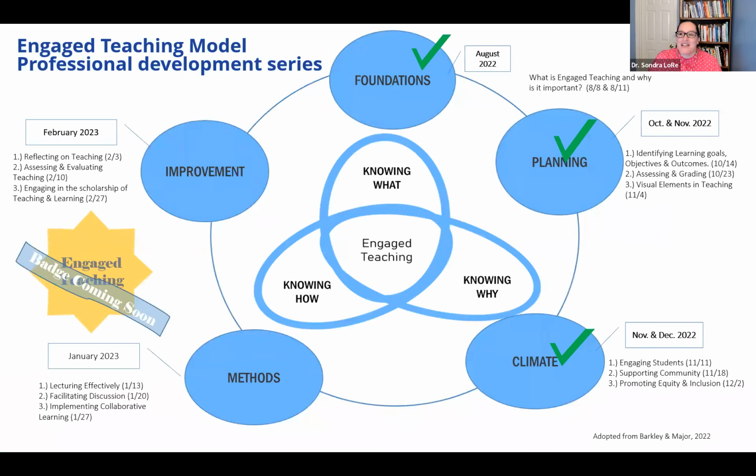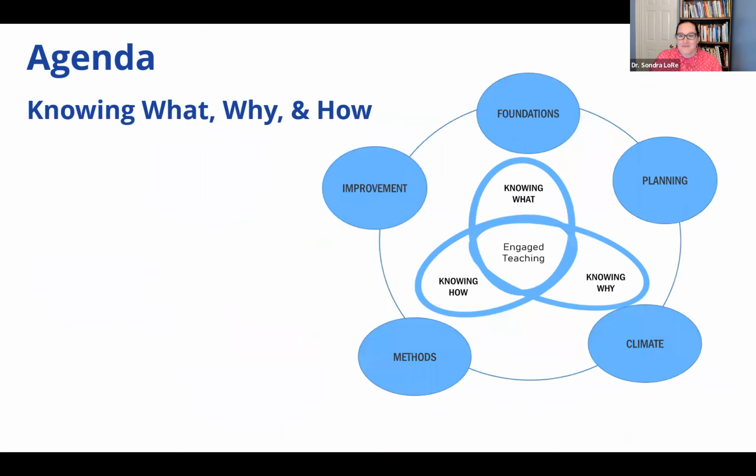So we began by looking at our engaged teaching model workshop series that we've been doing together this academic year, and we're in the methods section. We've had two meetings so far in January, one about lecturing effectively, which was on January 13th. And then on the 20th, we talked about facilitating discussions, and we have 4 more meetings left this academic year.